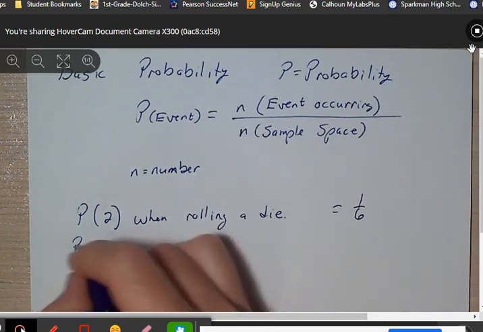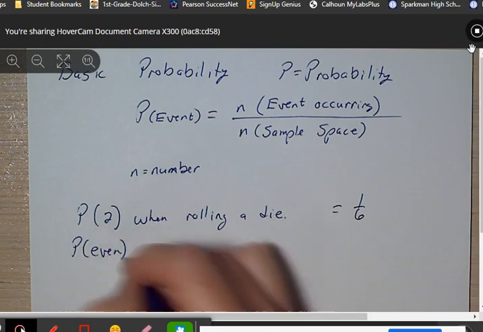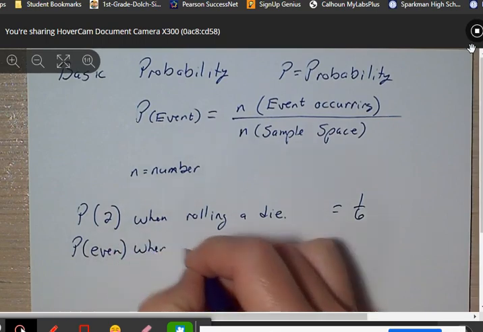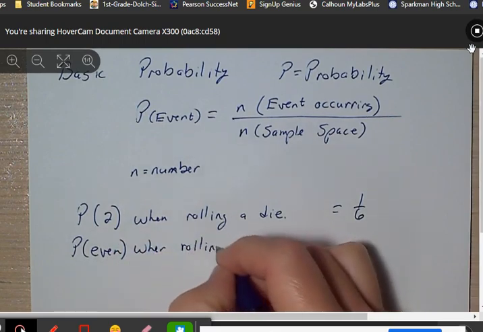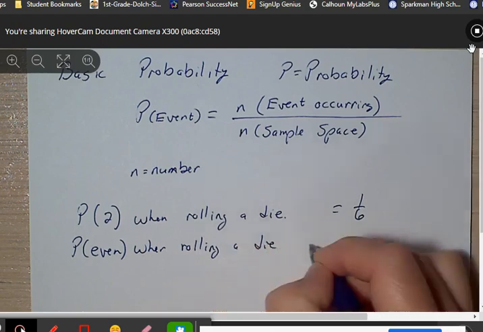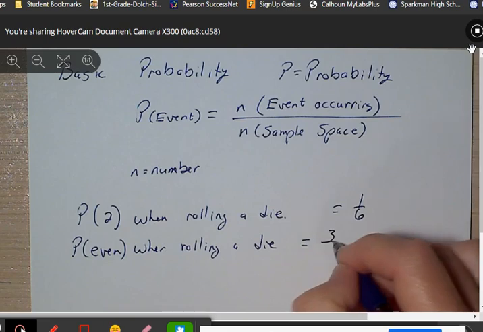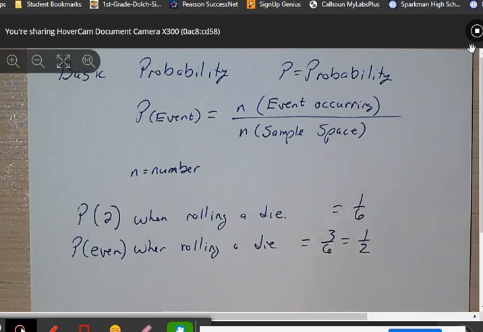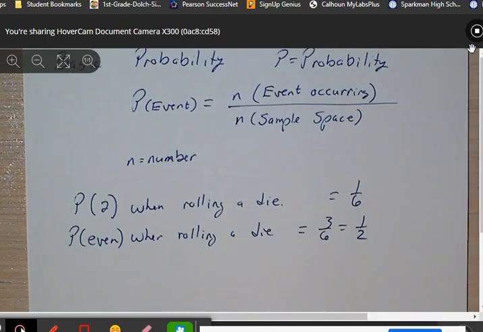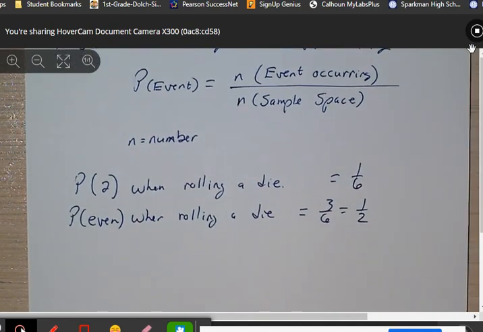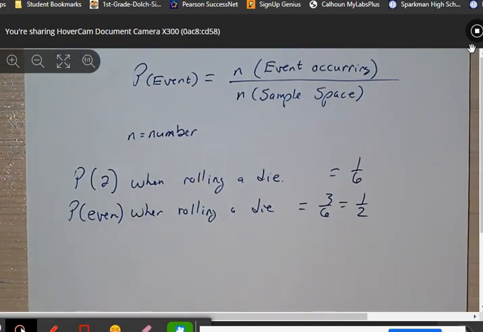If it was the probability of getting an even number, well, there's 3 of them. It's half even, half odd, so you've got 3 out of 6, which would simplify down to a half. And they're going to ask you on all these problems that you go through when you do the probability to simplify every possible one.